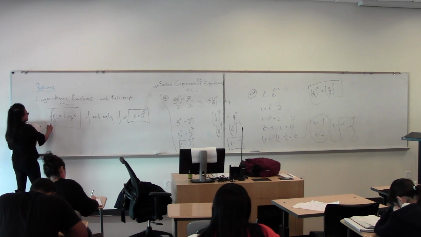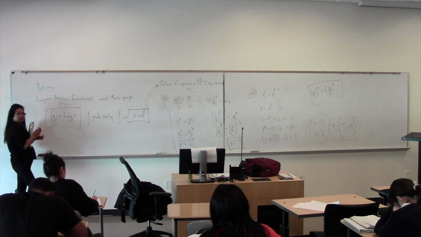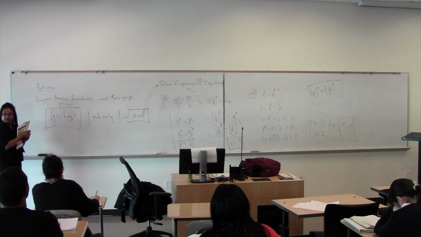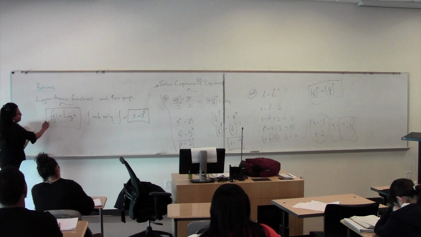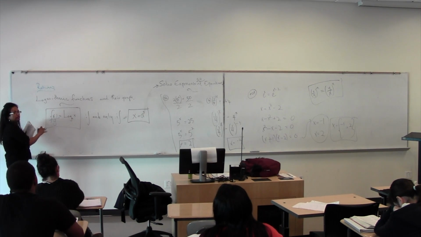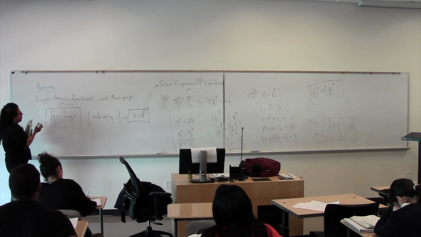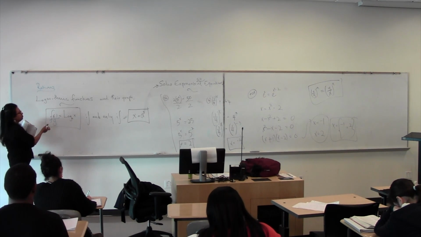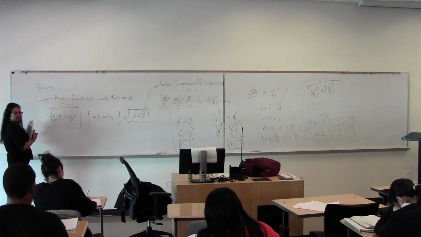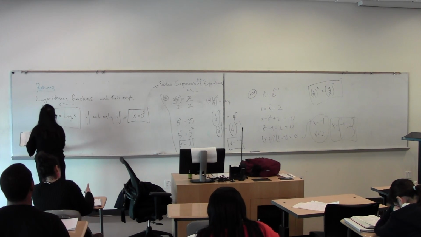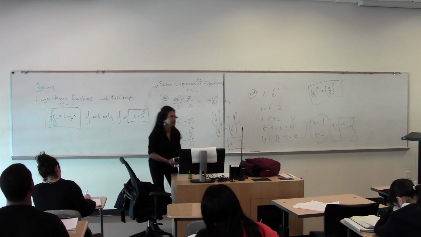So if we have y equal to something, we can convert that into that, okay? This is a rule, this is what logarithmic means. That's all, you have seen this before. Whenever we have a logarithmic function, we are going to graph it like that, okay? So now we are going to learn how to graph logarithmic functions.